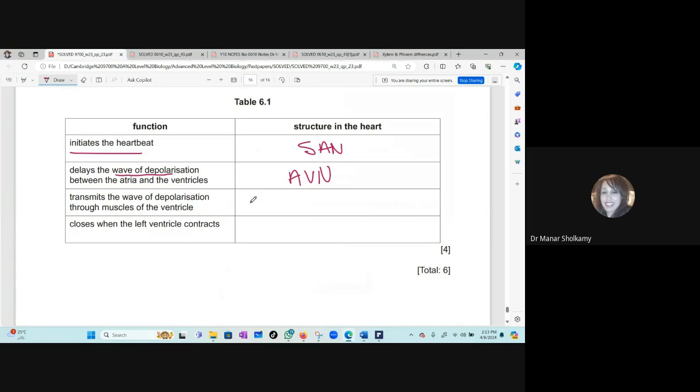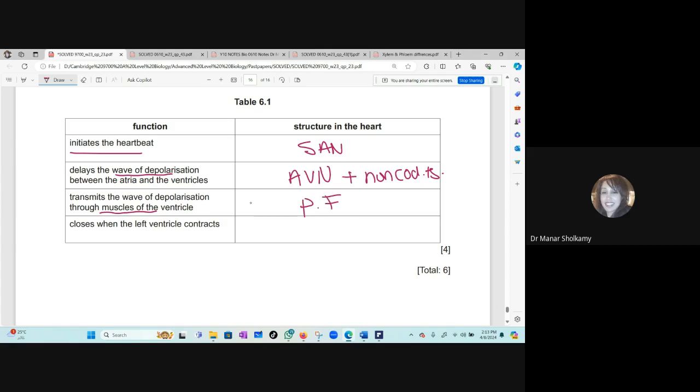So the atrioventricular node and the annulus fibrosus, or non-conducting tissue, transmit the wave of depolarization through the muscles of the ventricle. Who will take it down to the muscles of the ventricle? The Purkinje fibers.